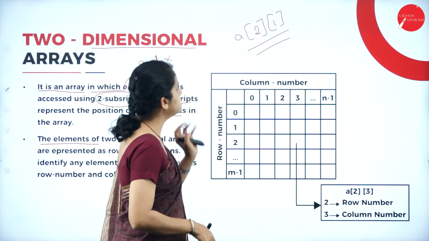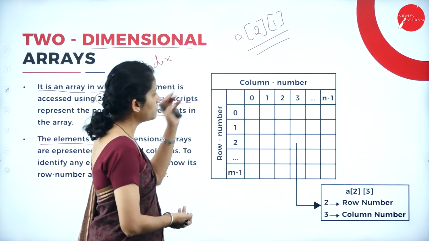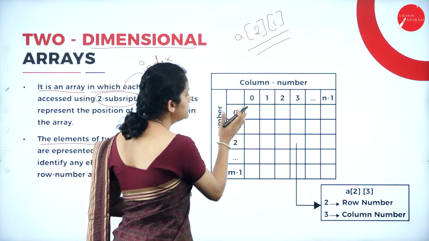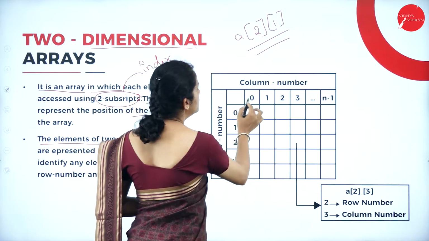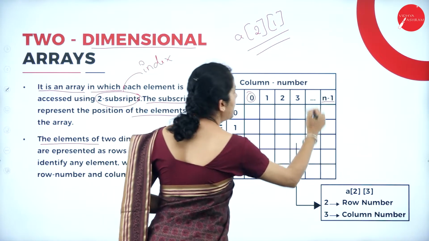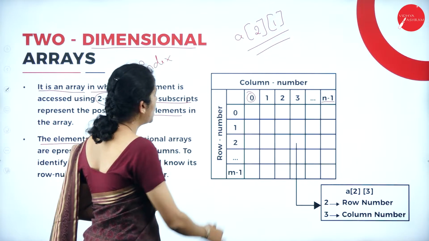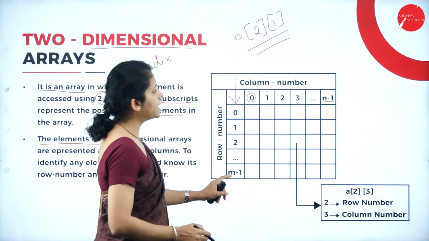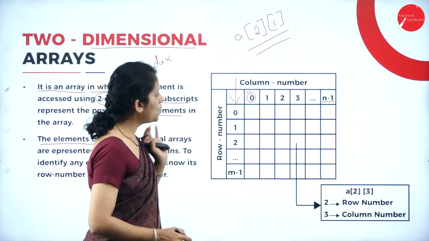This is the best example for a two-dimensional array. For example, in this one, I have columns 0 to n minus 1, along with rows 0 to m minus 1.